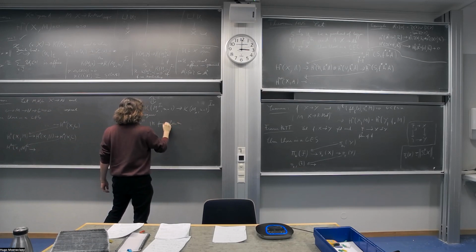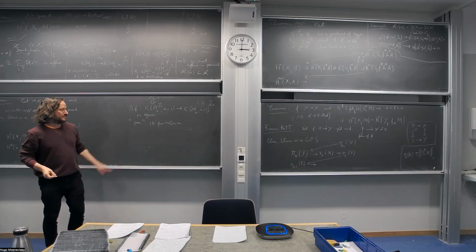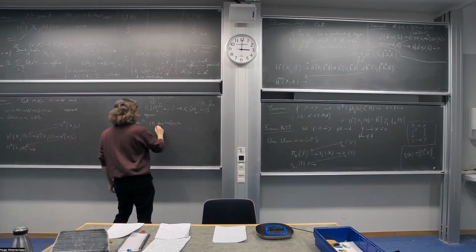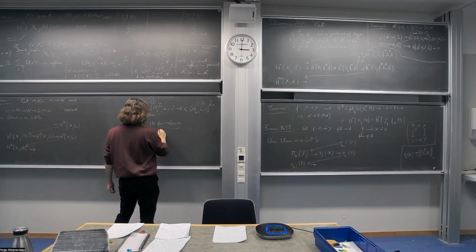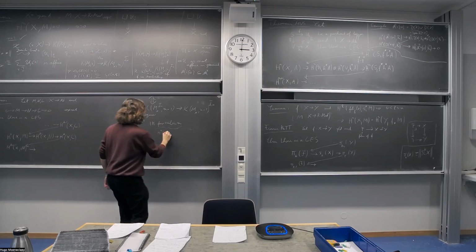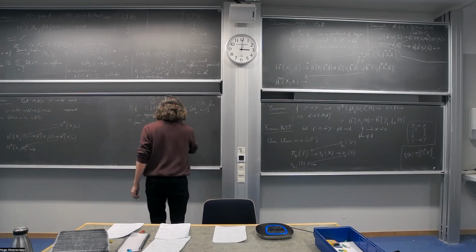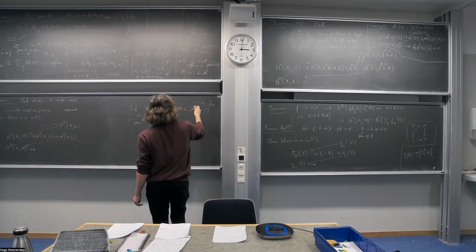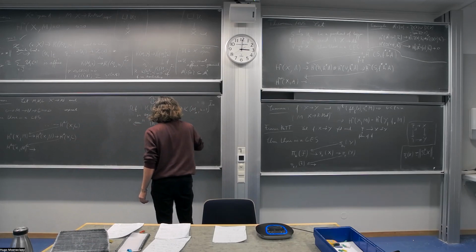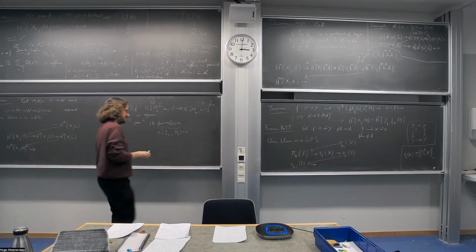smaller than n0, because this one gives you that H_n of I_x, H_L of I_x, with coefficients in M_x is 0.